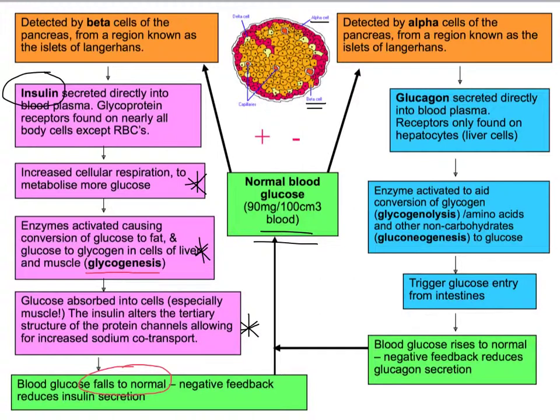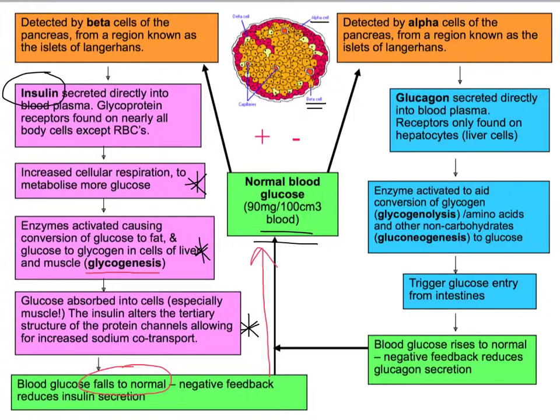I mentioned negative feedback mechanisms when I did a video on temperature control, but also when I did the video on the menstrual cycle, because estrogen and progesterone in that shut off FSH and LH. So there are many examples of negative feedback, and here's one of them. Basically the end point of all of this is to restore our blood glucose level.